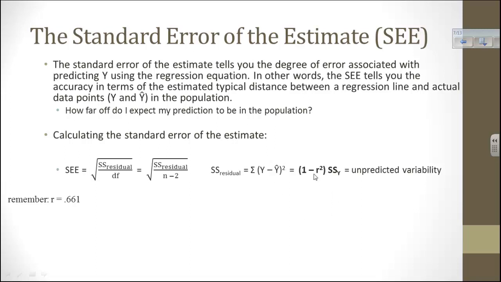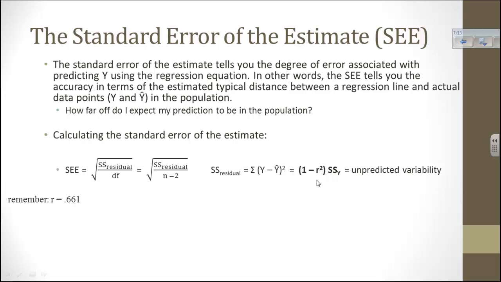Okay, so moving on to the formula that you'll actually use in practice. So this 1 minus r squared gives you the proportion of variability in y that's not predicted by the relationship between x and y. So think about r squared, our effect size, and think about it in terms of the correlation. r squared tells you the proportion of variability, or the proportion of differences in y that are predicted by the relationship between x and y.